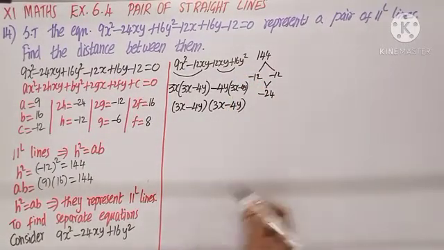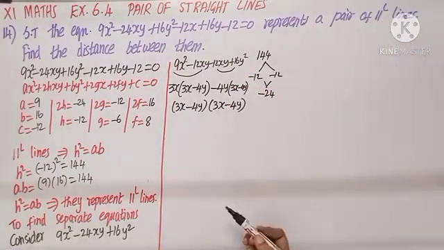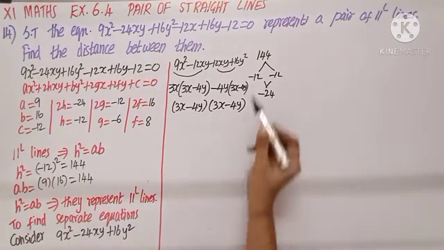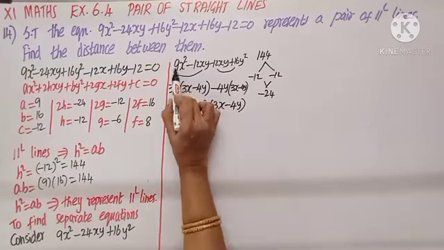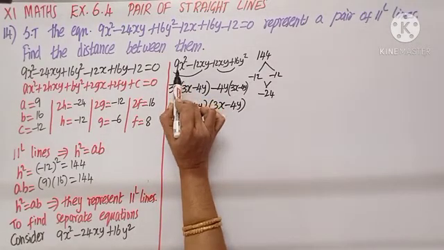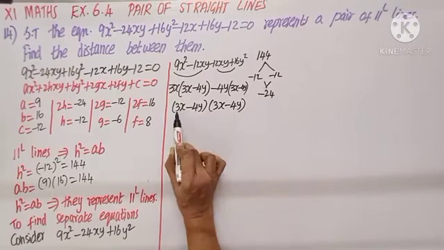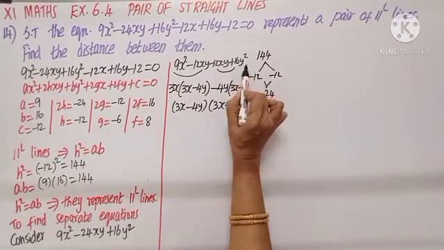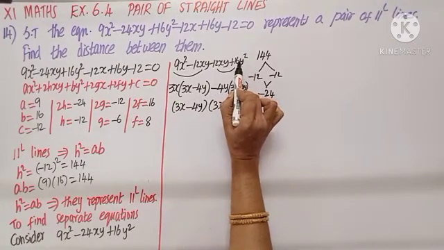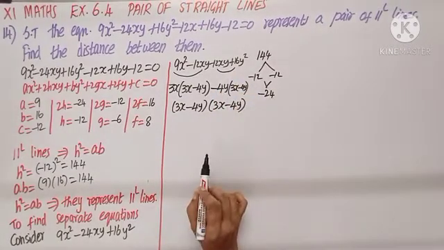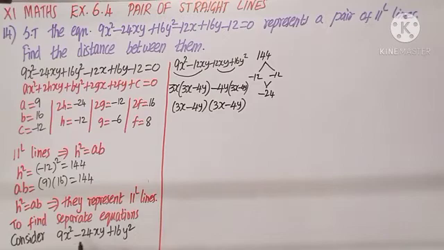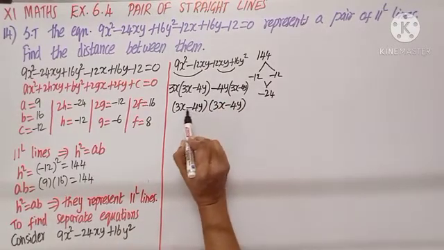But whenever I know they are parallel lines, without even factorizing, you can directly write: if it is 9x square, I get the square root 3x. If it is 16y square, I get the square root 4y. They are parallel. In the middle, if I have a minus symbol, then I will put minus.